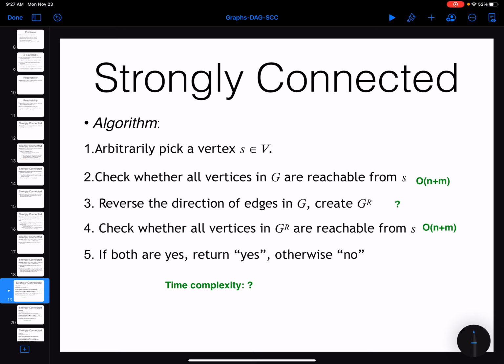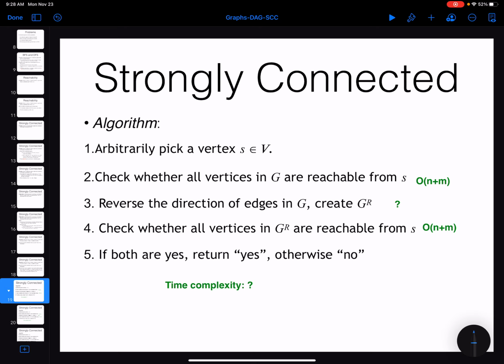So here is the full algorithm. You pick one vertex, it doesn't matter which one, call it S, and run the BFS or DFS starting from S over G. Then create the reverse graph, then run the BFS or DFS over the reverse graph, again starting from S. If all the nodes are visited in both searches, you say that the graph is strongly connected.